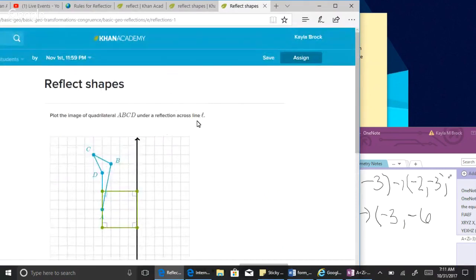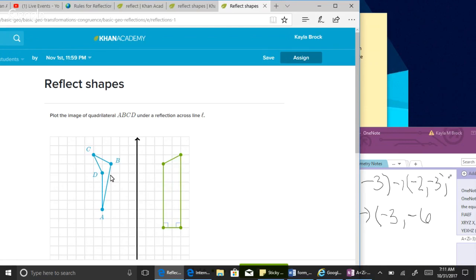Here, the line reflection across line L, what I would do is I would just treat it like a y-axis. This is more of a visual thing. So I know that B is 1, 2, 3. 1, 2, 3 is going to be B. Here is 1, 2, 3, 4, 5 from the line. I'm going to go 1, 2, 3, 4, 5, and it's going to be right here.